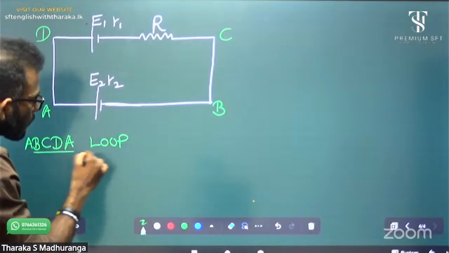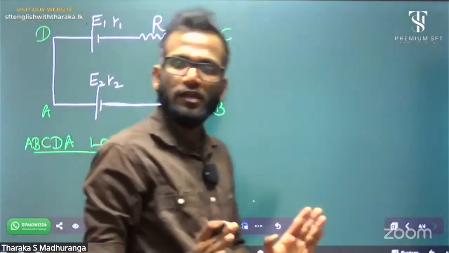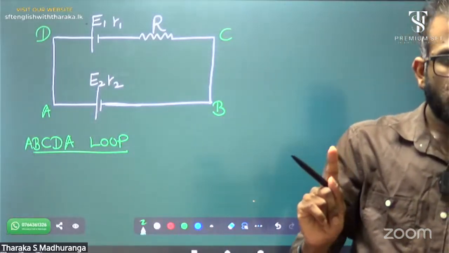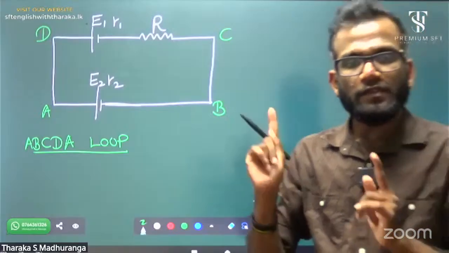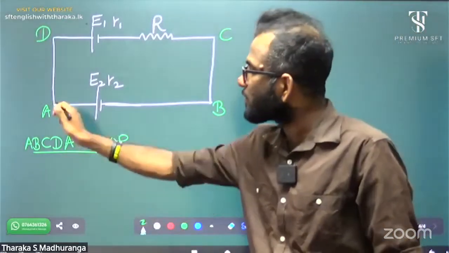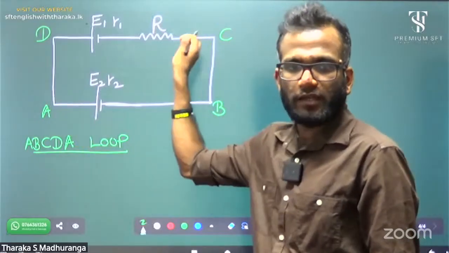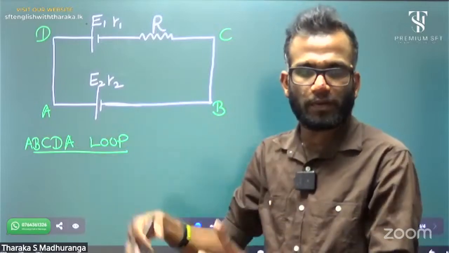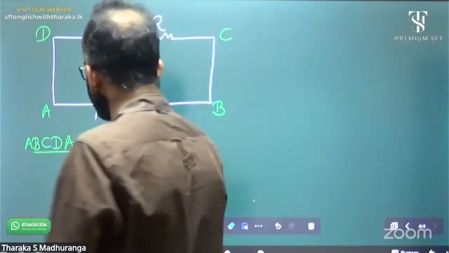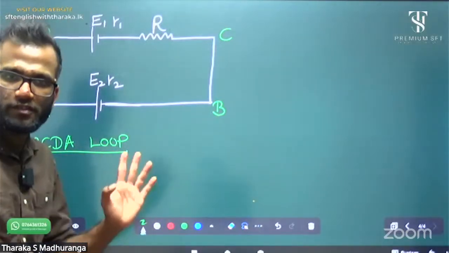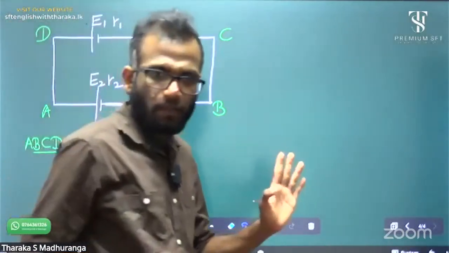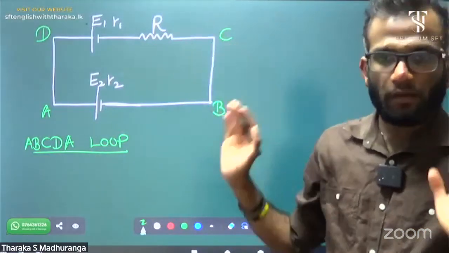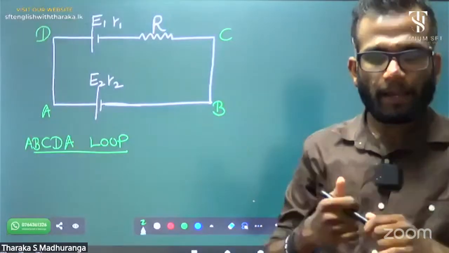That we call a closed circuit loop. Understood up to now? First step done. First I label the loop.